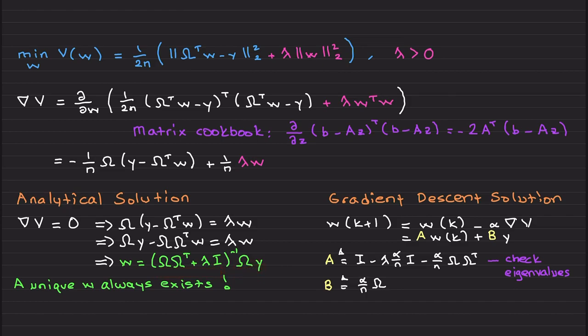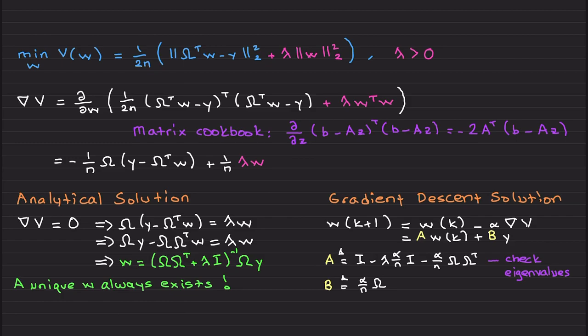Now let's think about the case where it is singular. If it is singular, we know that 0 is an eigenvalue of omega omega transpose. Once you introduce this term, since lambda is positive, you are shifting that zero eigenvalue to the positive region, meaning that you create a non-singular matrix.